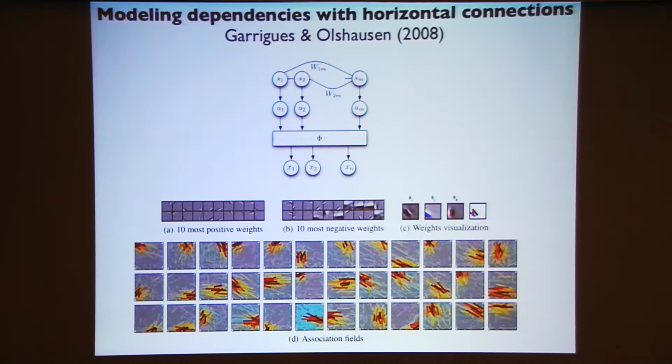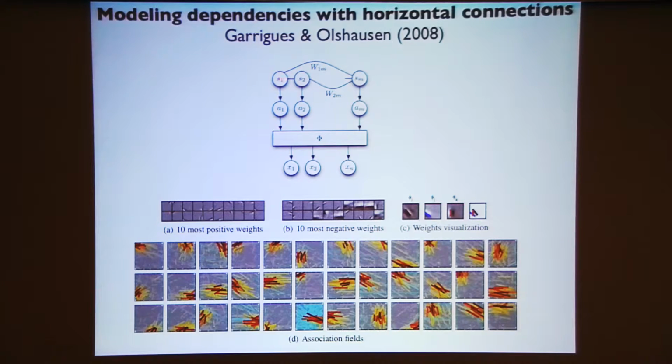And so Pierre Garrigue, a student in my lab, and I tried to see if we could capture this in a model by allowing horizontal connections among these coefficients. The way we did this is by taking the analog coefficients and conditioning each of them on a binary variable. So these variables S sub i are binary state variables, which condition these units here.